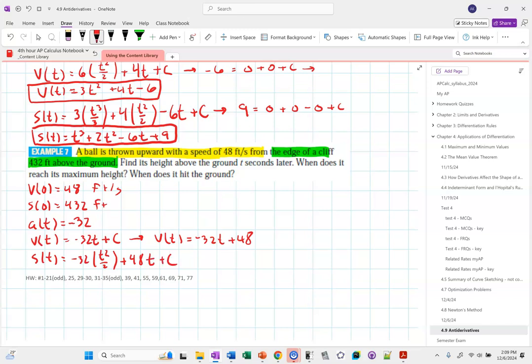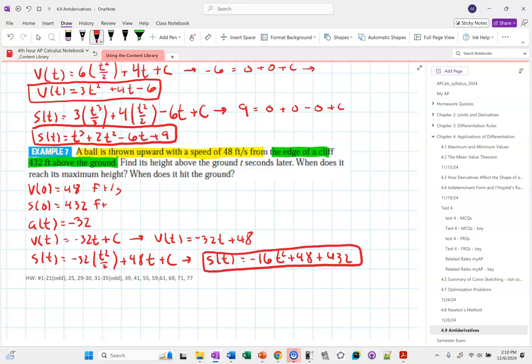And what's c got to be? 432. Okay. So that's my position function.